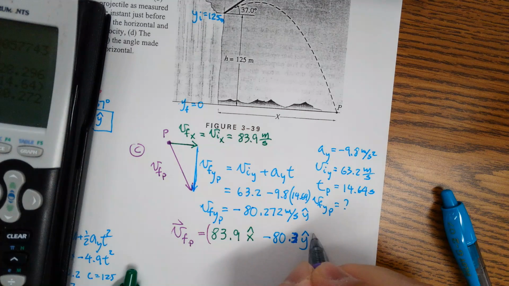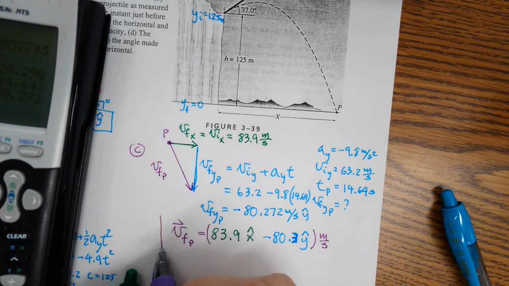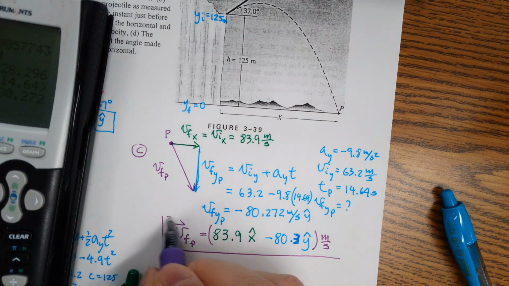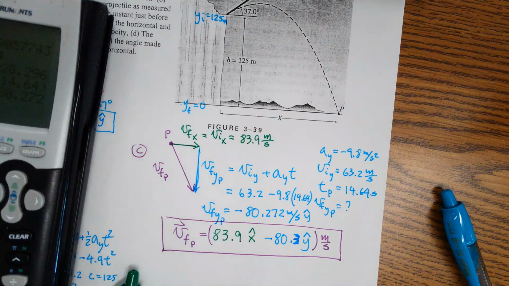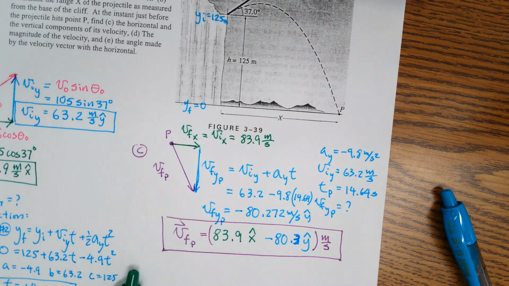So these are my components. So here's my velocity at point P in component form. Booyah.